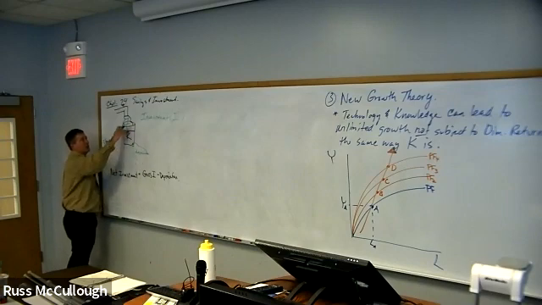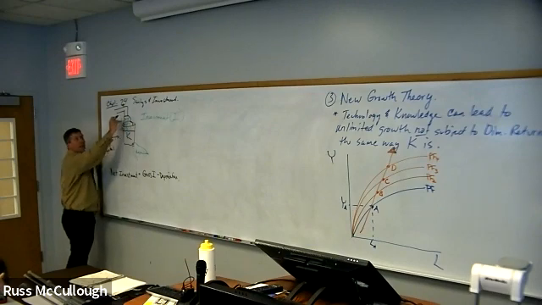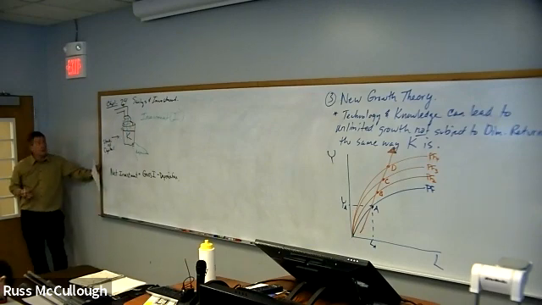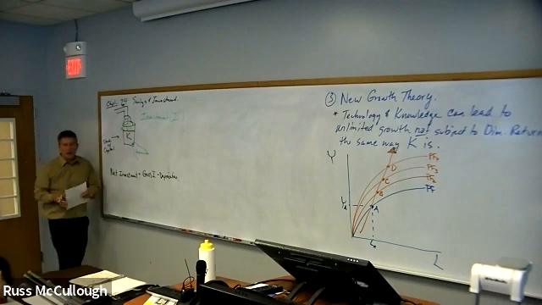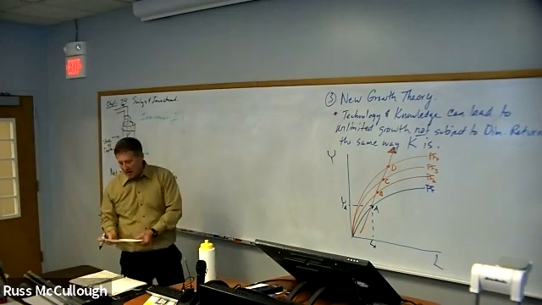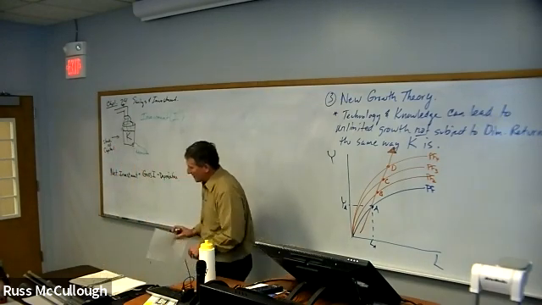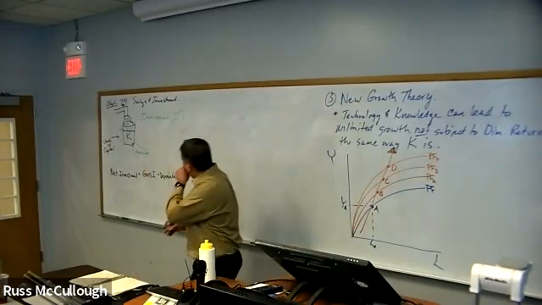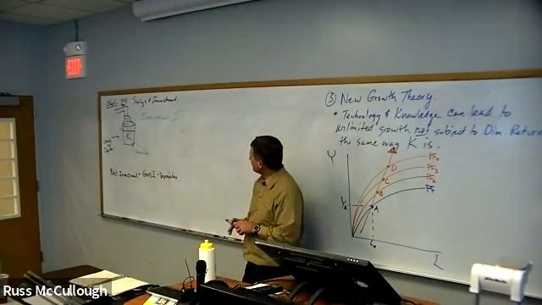If depreciation is bigger than the investment, the bucket level is going to fall. If the gross investment's greater, it's going to go up. All right, so all of that helps us think about the stock of capital in the economy.